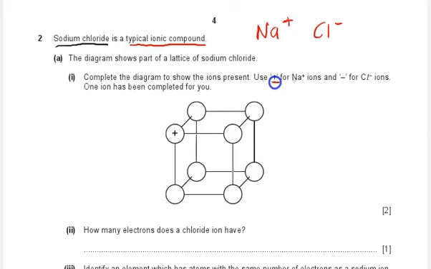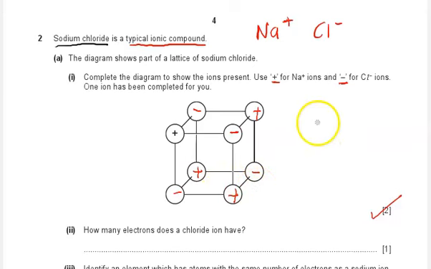Use positive for sodium, negative for chloride. One ion has been completed for you. Here will be negative, negative and negative. Here will be positive. So the opposite should be the opposite charge. Here is positive, here is negative, and here is positive. So this is 2 marks.